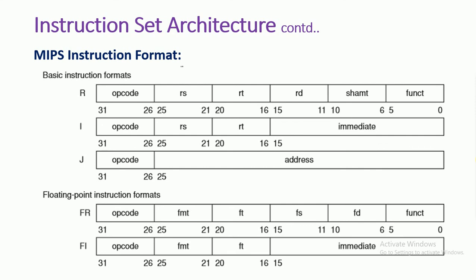While designing it, we have to consider all the factors mentioned in the previous slides: starting from instruction set design, types of instruction, size of instruction, addressing modes, memory addressing, type and size of operands, then different operations present in various processors. Then finally we have the encoding of an instruction set architecture.